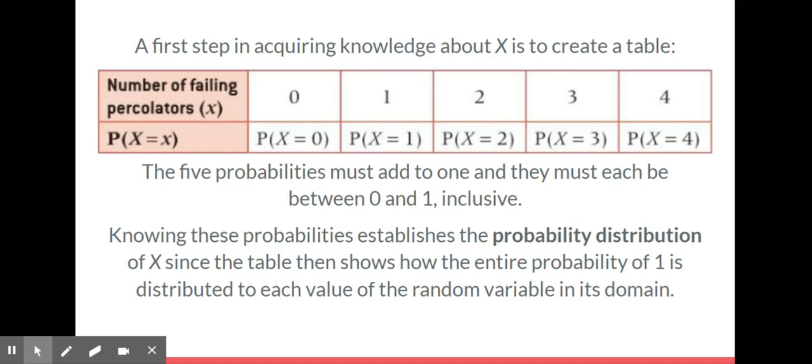Knowing these probabilities establishes the probability distribution of X, since the table shows how the entire probability of 1 is distributed to each value. It's nice because you can see all 5 options at the same time, kind of like setting up a tree diagram, but in a table format.